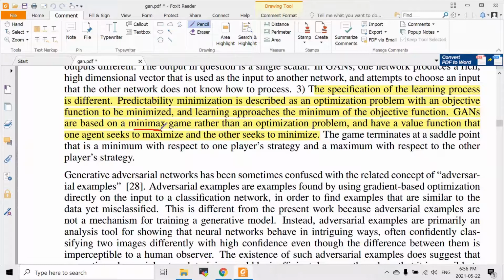What that means is that you're training one network, then using that value to train another network based on that value. It's a game between two adversaries rather than one objective function. So there are two values for both neural networks, and you have to train them together.